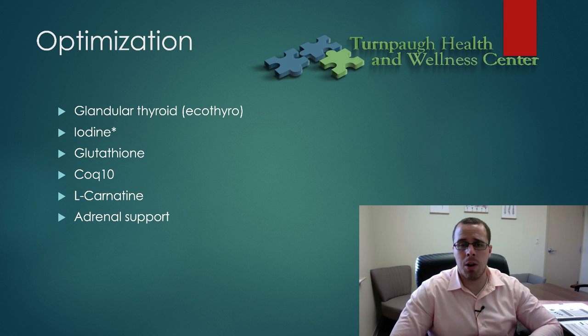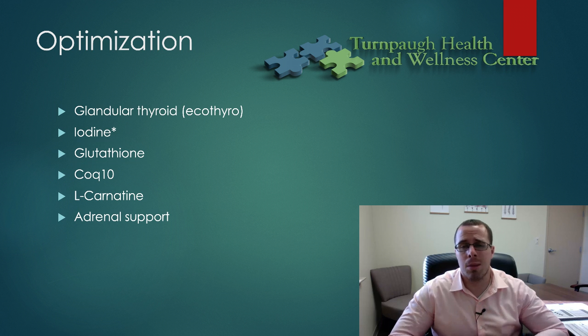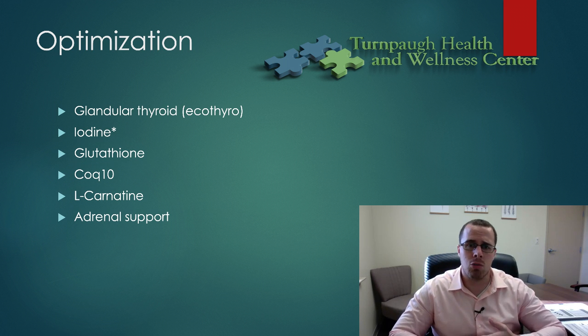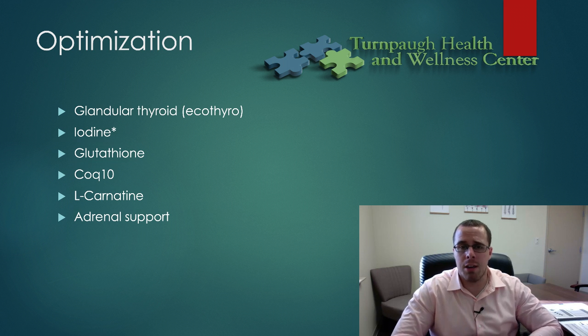But how we would want to optimize is using some type of desiccated thyroid. I like using ecothyroid, either 37 or 125, but you can get prescription-based forms such as your Armour, your Nature Throid, your WP Throid. These are desiccated forms.